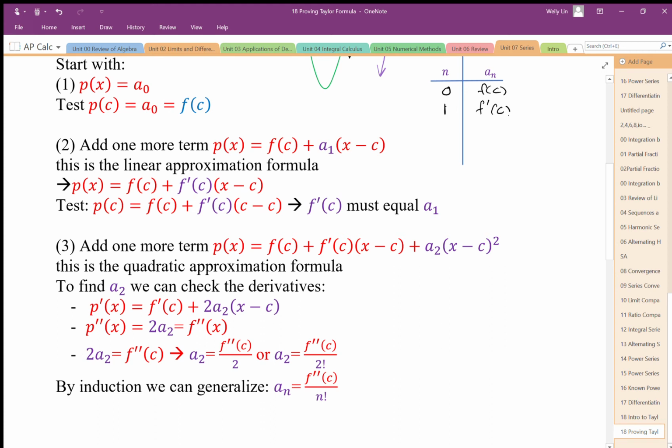The second derivative of f gives me the coefficient 2a2. I can solve by rearranging: 2a2 is equal to the second derivative evaluated at c, because we can do the derivatives at the center, and then divide by 2.